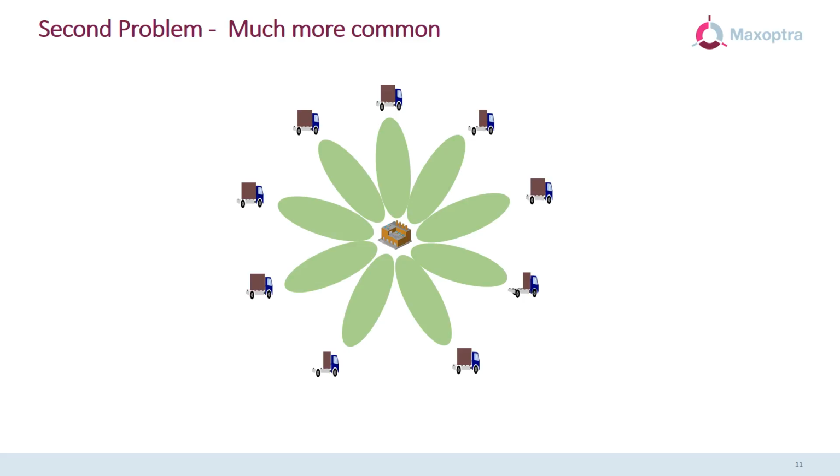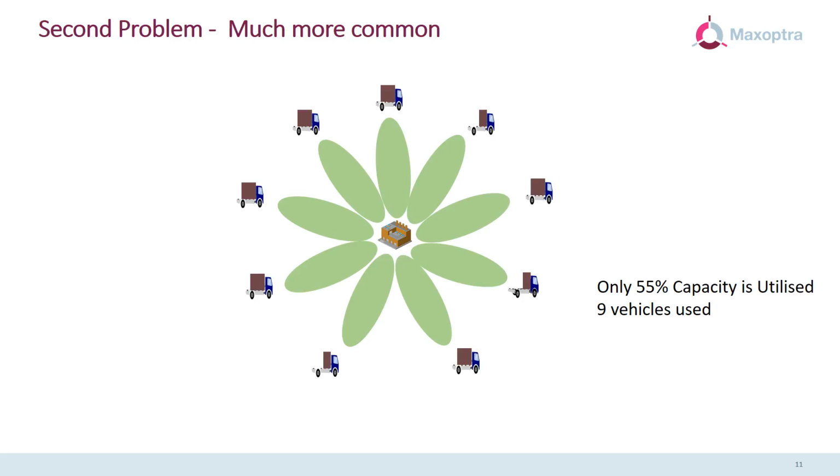Second problem is much more common, and the second problem is that on a daily basis, none of my vehicles are at capacity, but I still send out all vehicles because that's the way the system works. So in this instance, I've got 55% of my total capacity utilized. I'm sending 9 vehicles out.